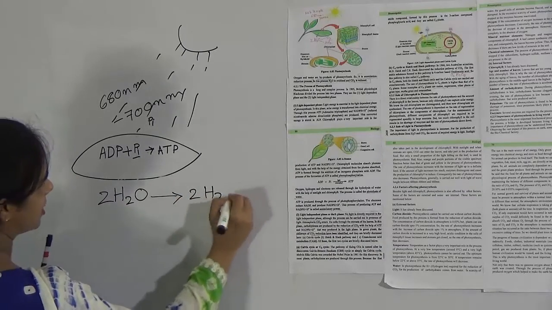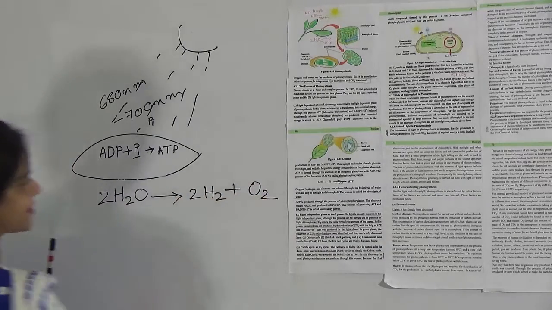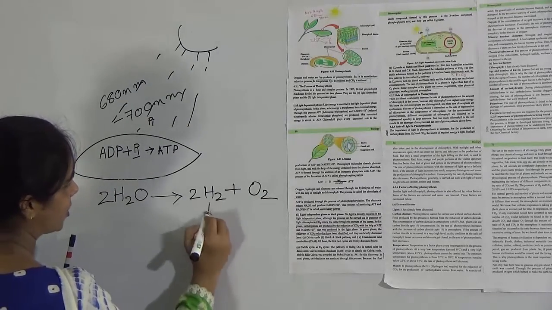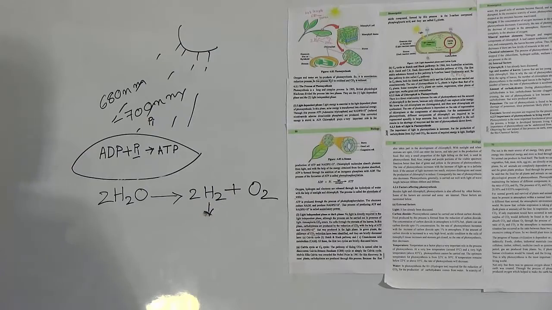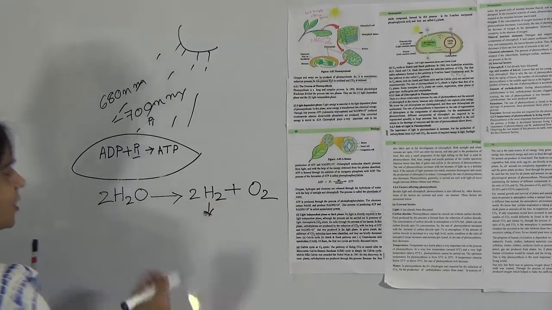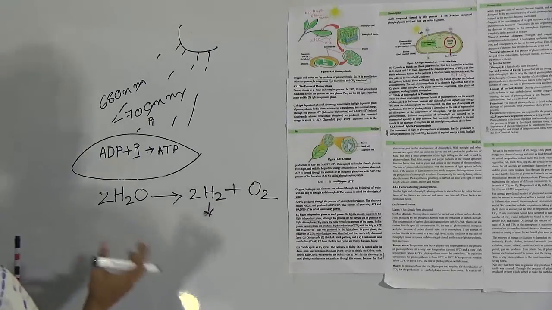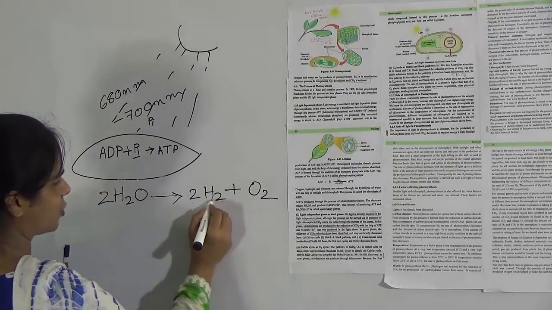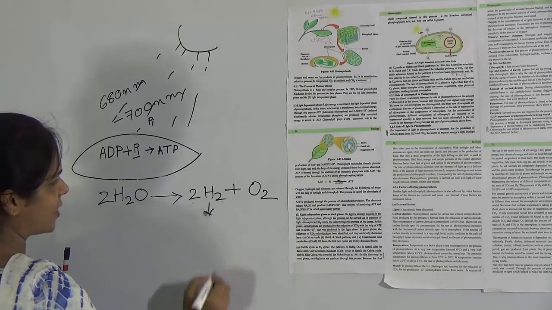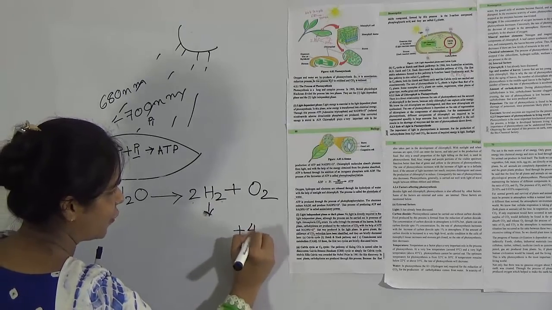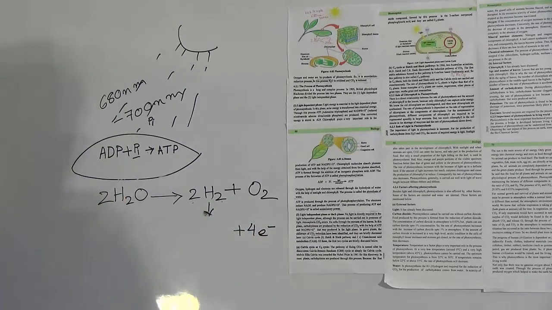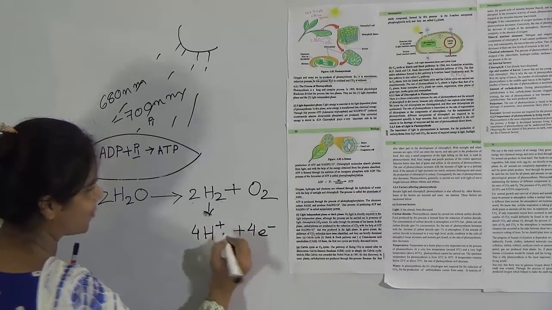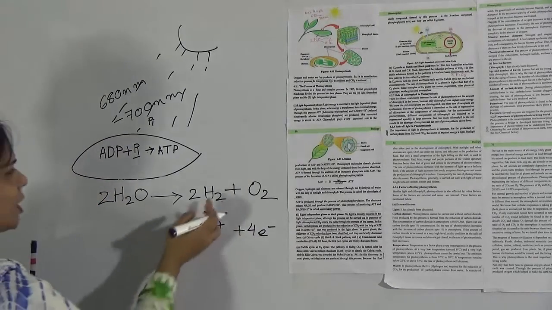It becomes like this, and from this we get hydrogen. One hydrogen atom only has 1 electron, so 4 hydrogen atoms leave 4 electrons, and there are only 4 hydrogen protons, because each has only 1 electron.